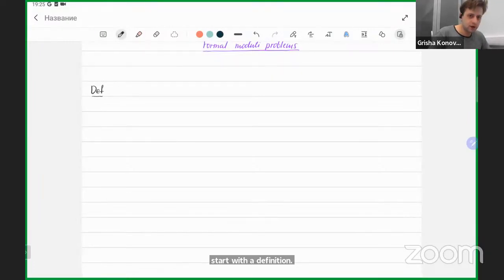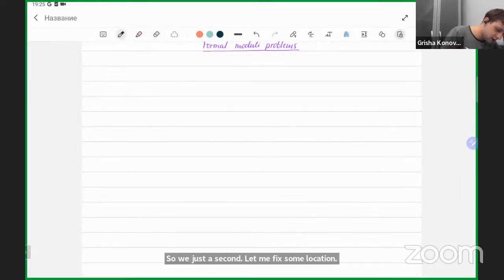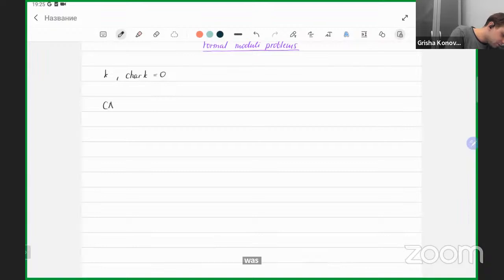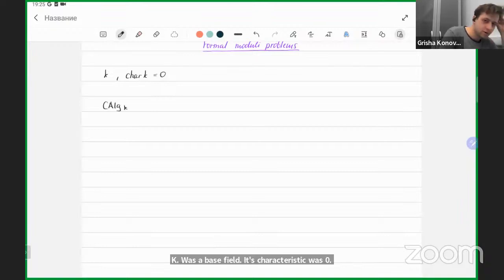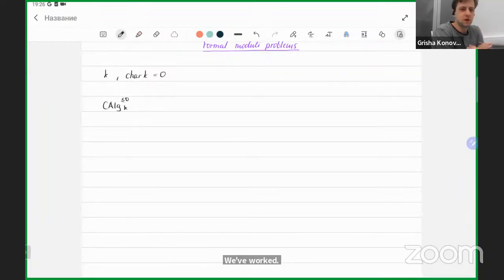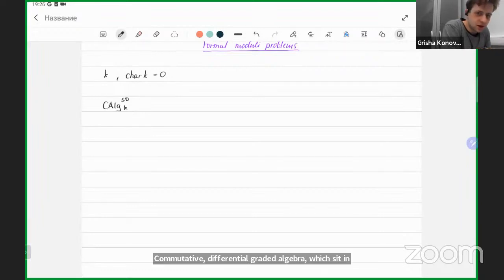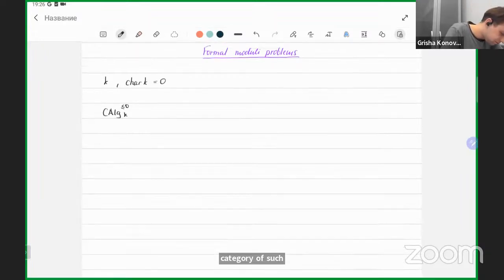Let me fix some notation. Remember, last time we worked in the category of connective differential graded algebras over a field K. K was a base field. Its characteristic was 0. We worked with commutative differential graded algebras which sit in non-positive cohomological degrees, and we denoted the category of such by this symbol.